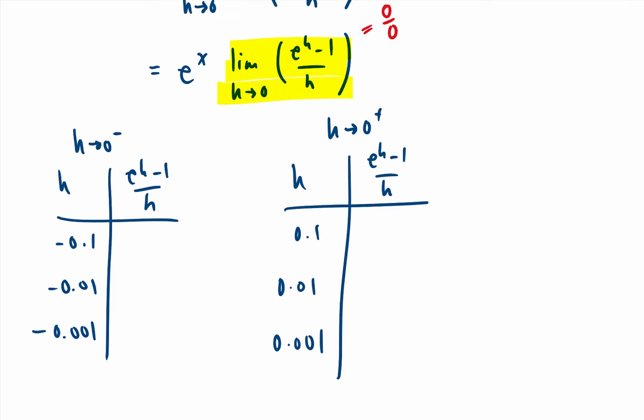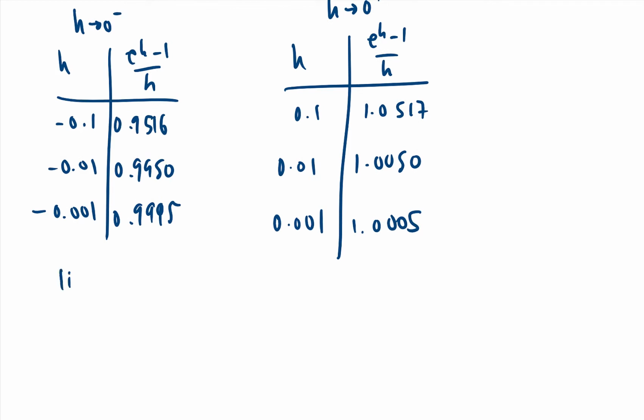So when I tried this, I ended up with 0.9516, 0.9950, and 0.9995. So we can see as h approaches 0 from the left, the limit appears to be approaching 1. Now let's check the right side.